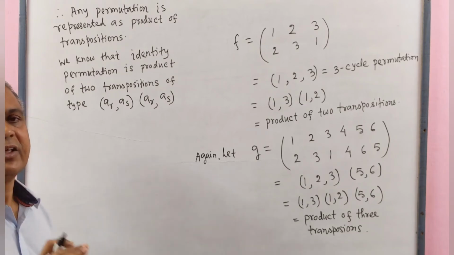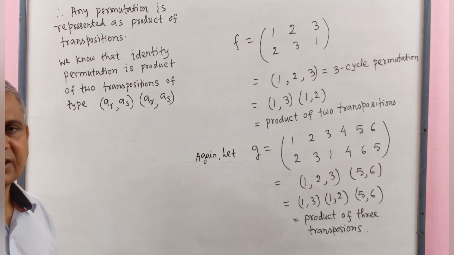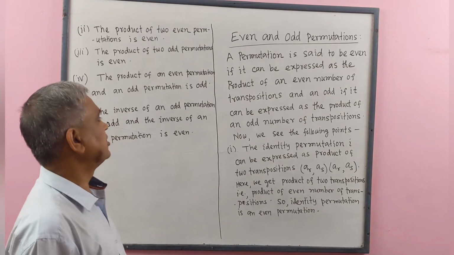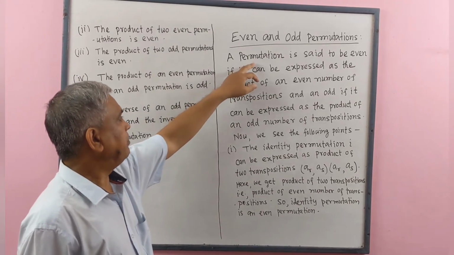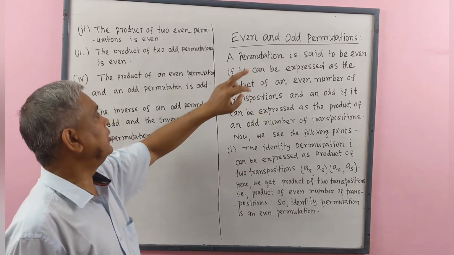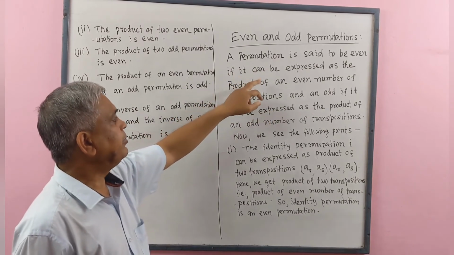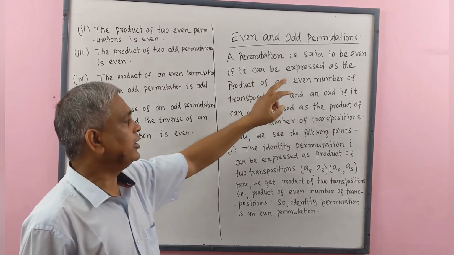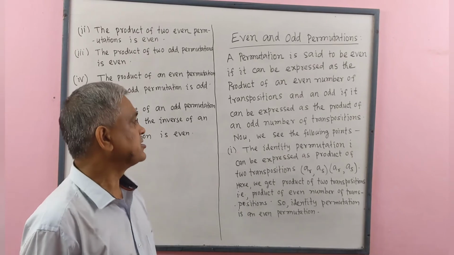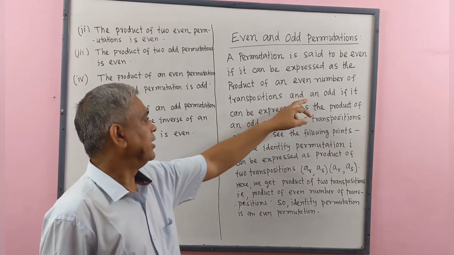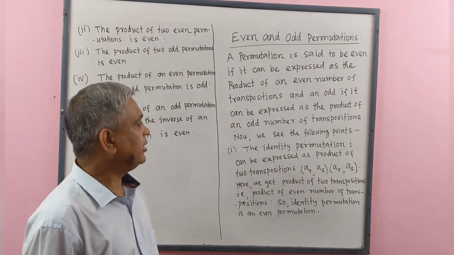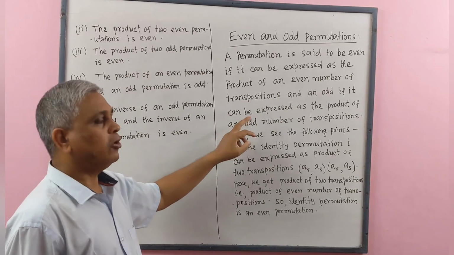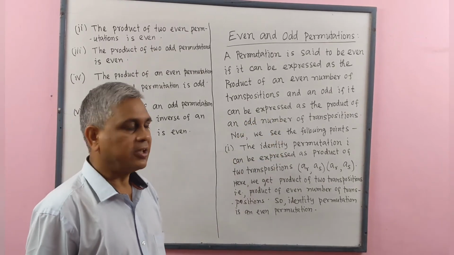Now we define even and odd permutations. A permutation is said to be even if it can be expressed as the product of an even number of transpositions, and odd if it can be expressed as the product of an odd number of transpositions.